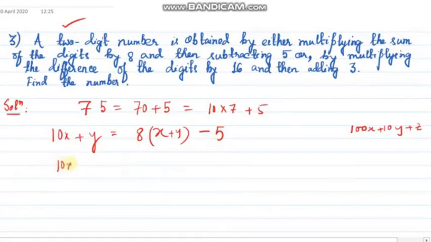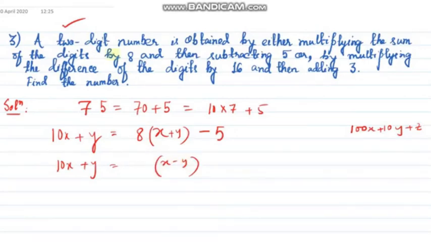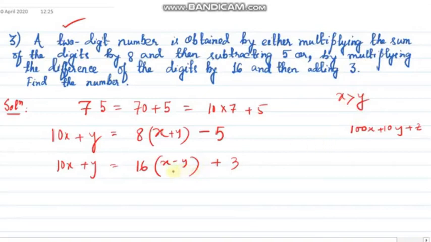Or it can be obtained in such a way, multiplying the difference of the digits by 16 and then adding 3. Is it fine? Here we have to take x greater than y, otherwise this will be negative.